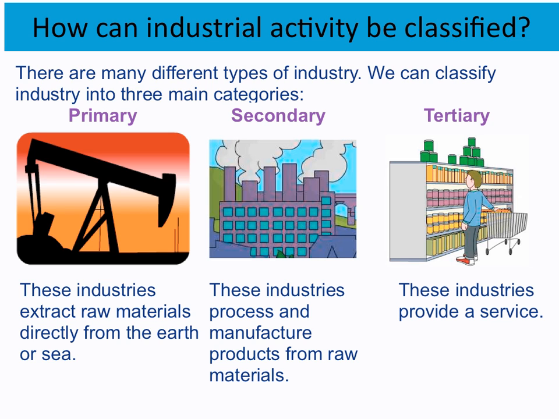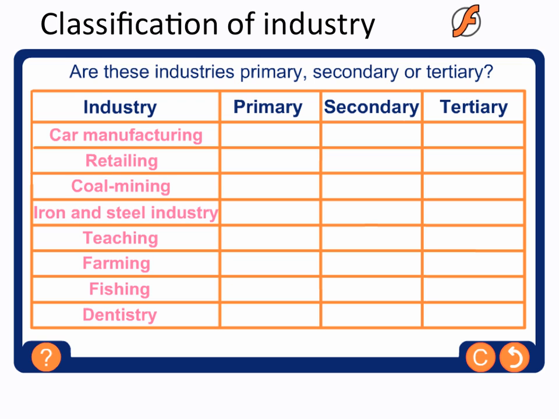And also there are tertiary industries. Those provide a service. It could be financial services such as banking, nursing, retailing, to something like the police force, transport and also education. Just looking at this table here, could you sort each of the industries out into primary, secondary and tertiary?